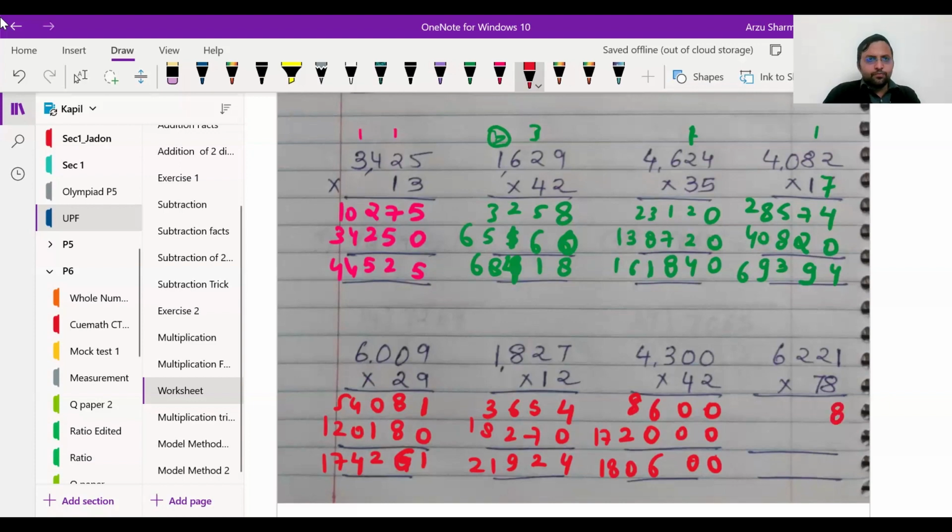Let's see. 8 times 1 is 8. 16. So, Parth, your answer looks different from Sujal's answer. So one of you is wrong. Let's see.